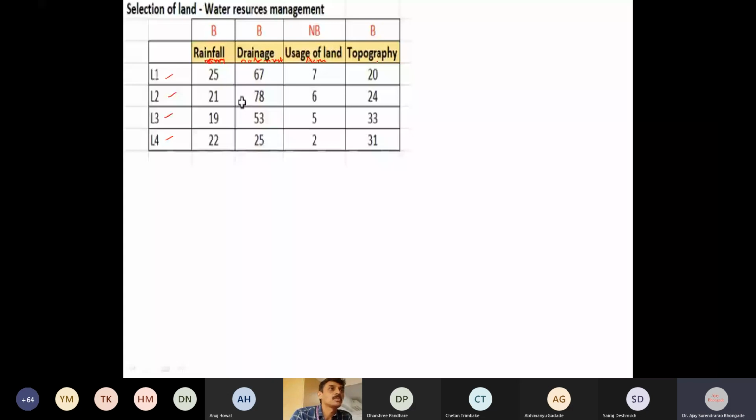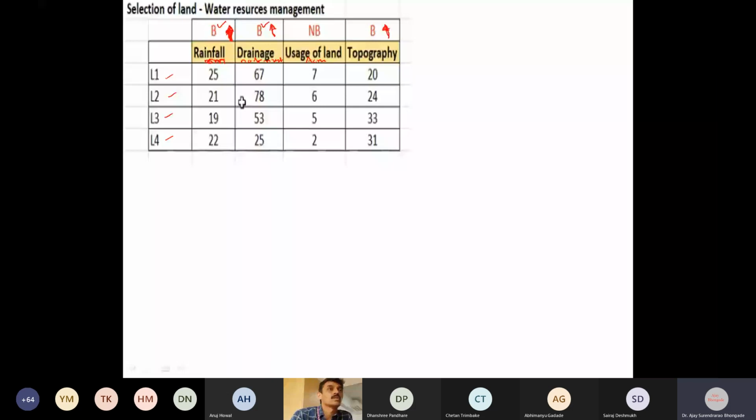Beneficial means we want to maximize this. If we have more rivers connected, that is beneficial. If we have more rainfall available in that particular land area, that is beneficial. If the land is situated at the top of the hill, that is again a good thing.